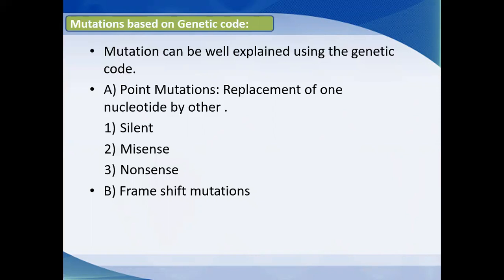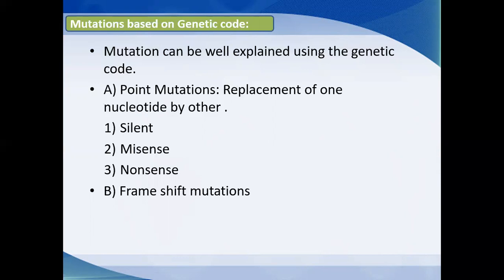In point mutations, one nucleotide in the DNA molecule is replaced by another. The replacement takes place between like bases or unlike bases. Like bases means a pyrimidine is replaced by a pyrimidine, or a purine is replaced by another purine. Such mutations are called point mutations.